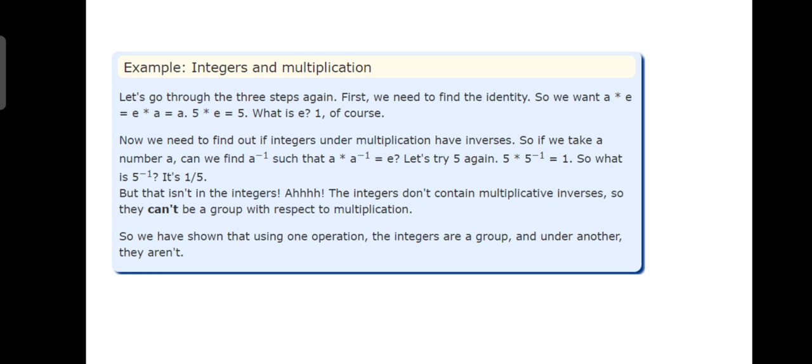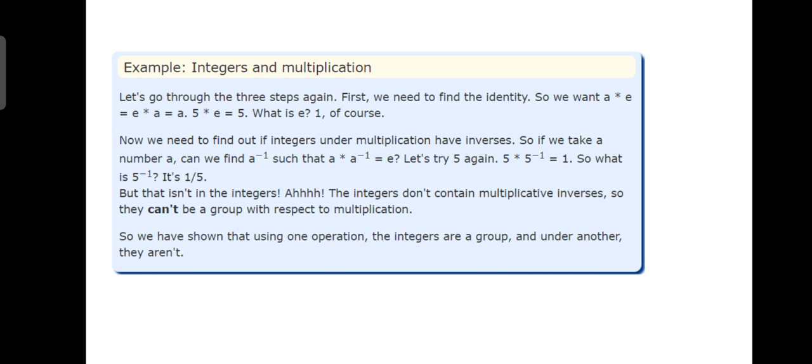The next example is integers with multiplication. So let's see whether it forms a group or not. First of all, we'll see the closure property. Closure property is that if we combine any two elements, the resultant should be in the integers itself. So obviously if we multiply any two integers, we'll get an integer. So it is closed under multiplication.